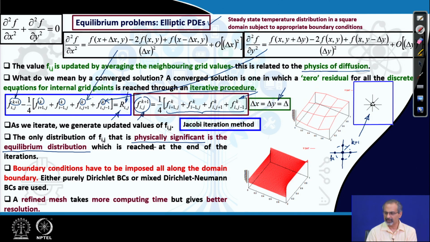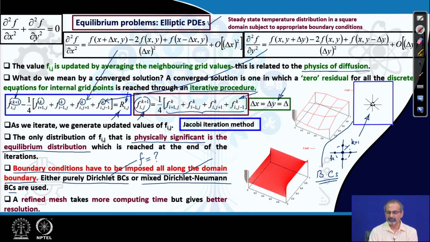And as you do that, the boundary conditions have to be imposed all along the boundary of the domain. Now, these boundary conditions have to be imposed either in pure Dirichlet form or mixed Dirichlet-Neumann boundary condition form. Dirichlet form basically means you have to state the value of f, what it is at the boundary.